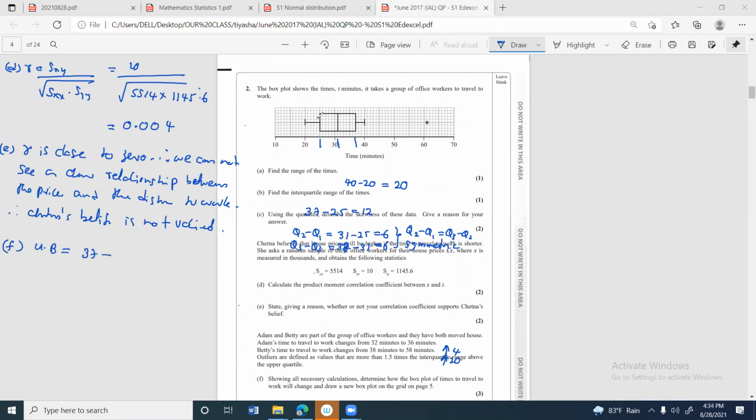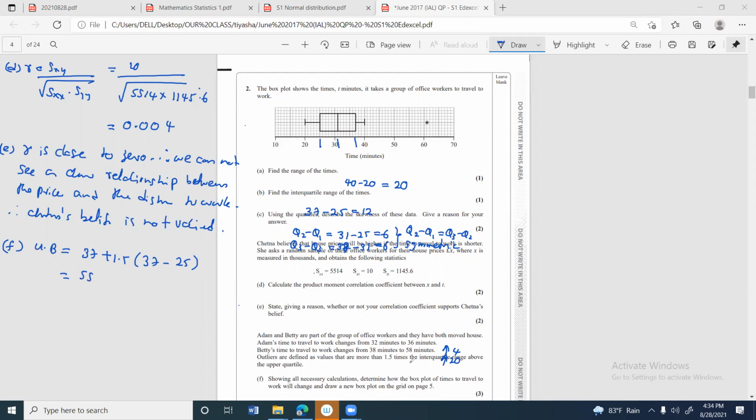Upper boundary is 37 plus 1.5 times Q3 minus Q1. Q1 is 25 per day. So it is 37 plus 1.5 times 37 minus 25. That value is 55 per day.